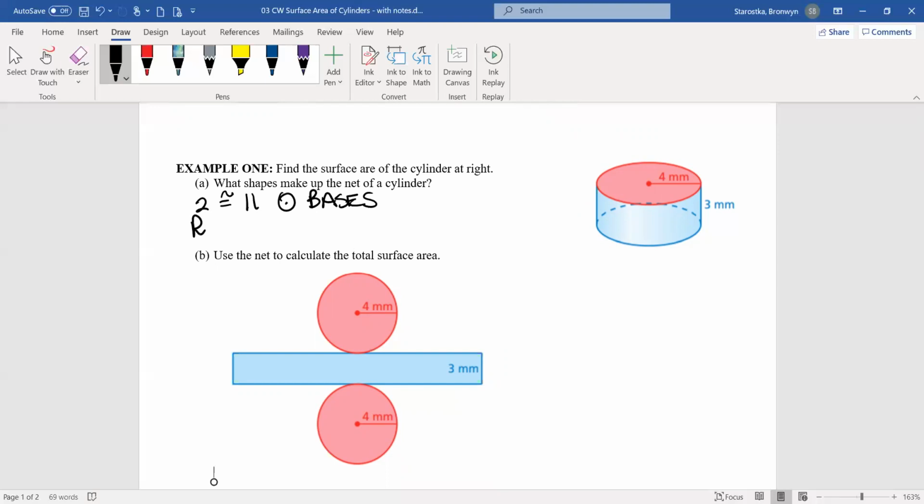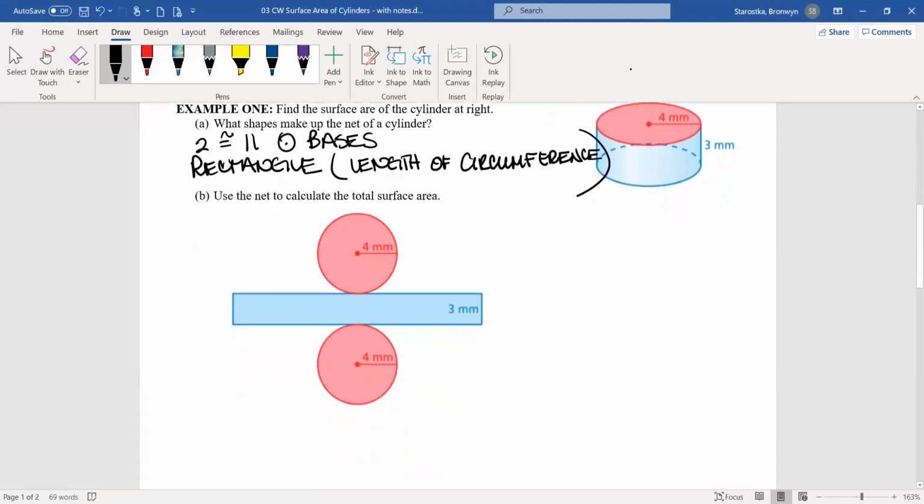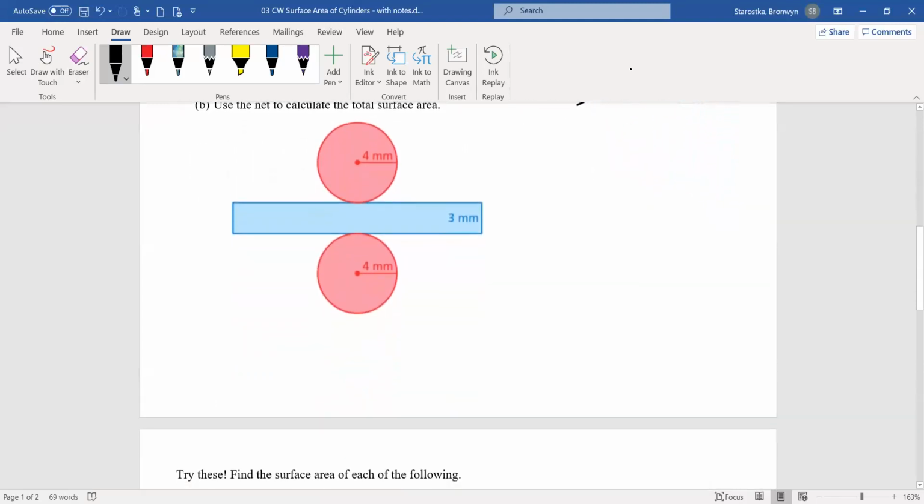And we're going to have a rectangle that has the length of our circumference. So we're going to use this net to find the total surface area.